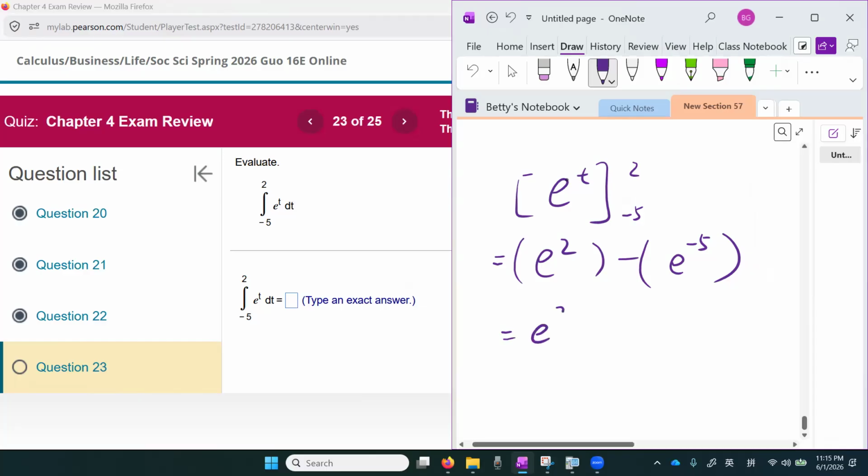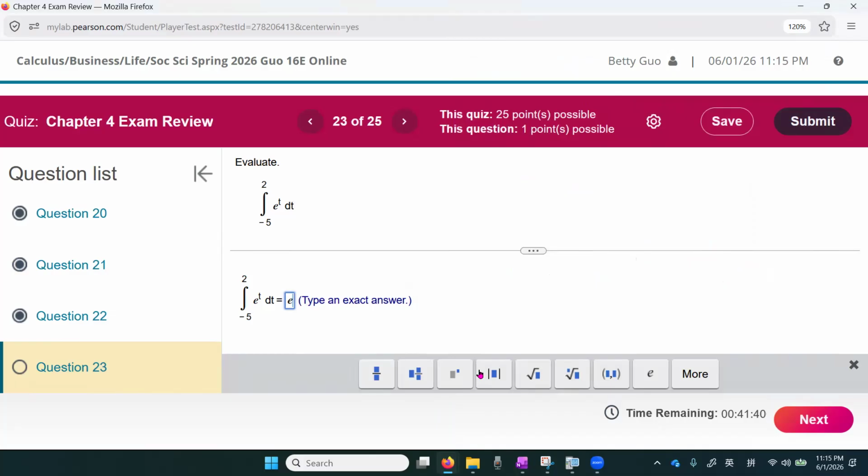So we have e to the power of 2 minus 1 over e to the power of 5. Double check.